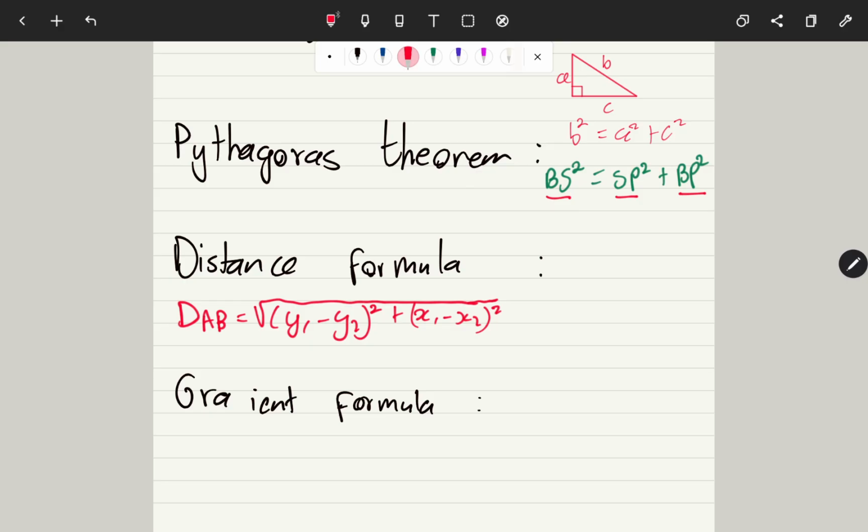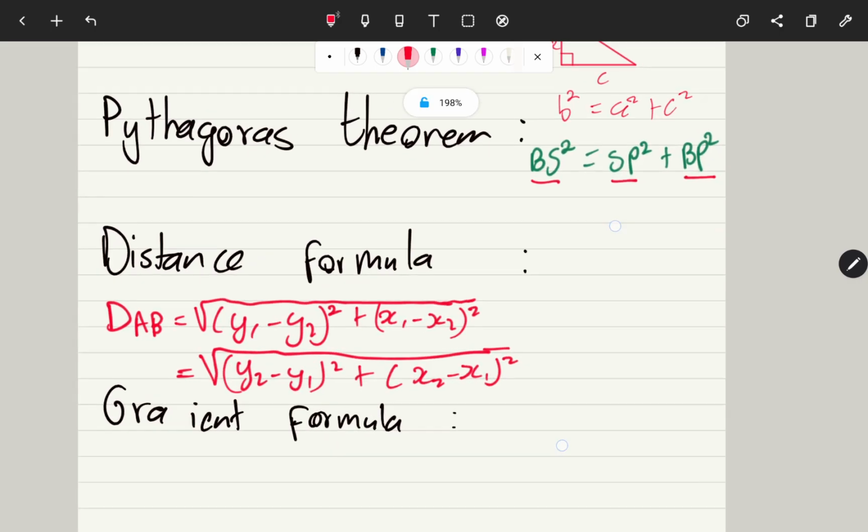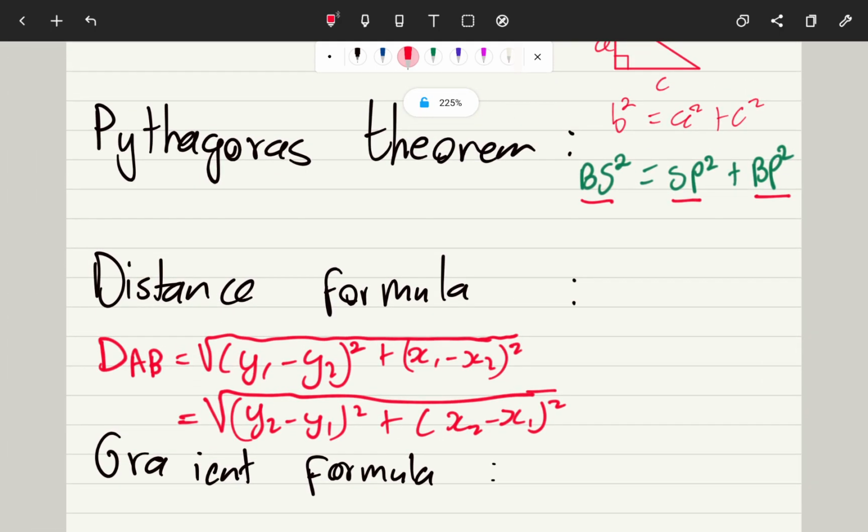You can also write it as (y2 minus y1) squared plus (x2 minus x1) squared. The answer is still going to be the same, nothing is going to change. So you use any of them for each of these distances, and you have your Pythagoras theorem.